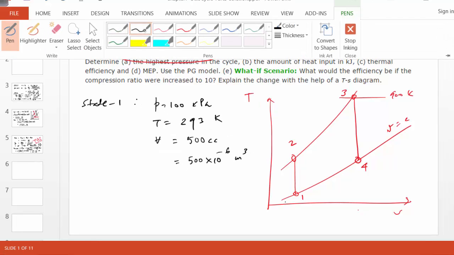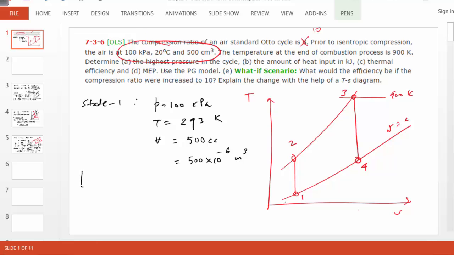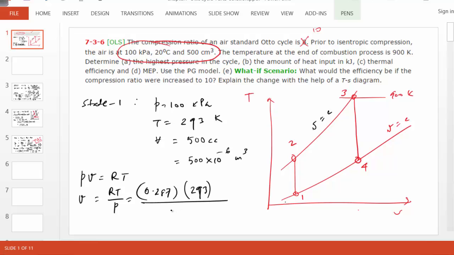We can use the ideal gas equation of state to find the specific volume and the mass, which we'll need later. And notice that specific volume remains constant from 2 to 3, which is given by this expression, and equals 0.84 approximately.